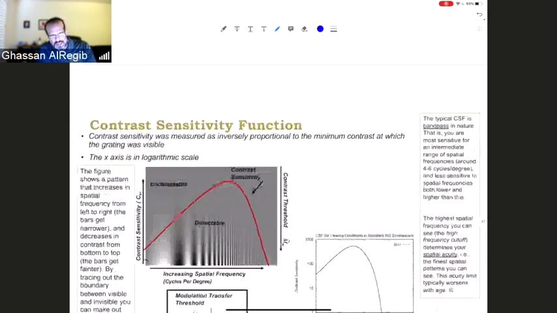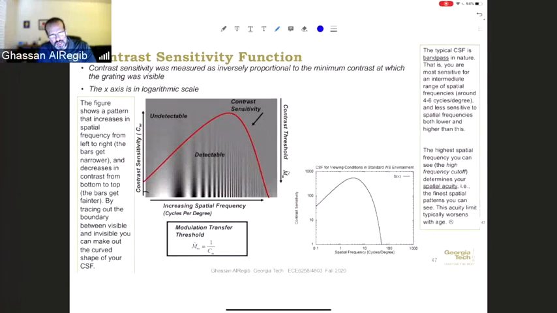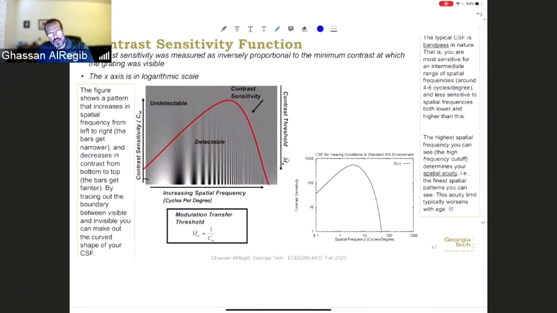And then next, we will look at this contrast sensitivity function, CSF. So in this diagram, this figure, what you need to worry about is the x-axis as before. This is spatial frequency, and this one is sensitivity.